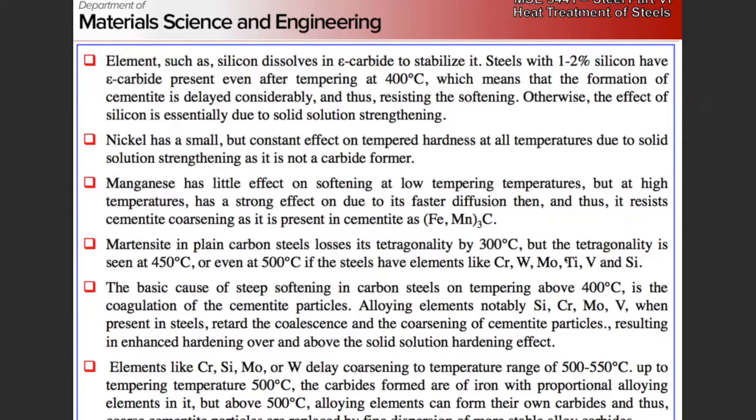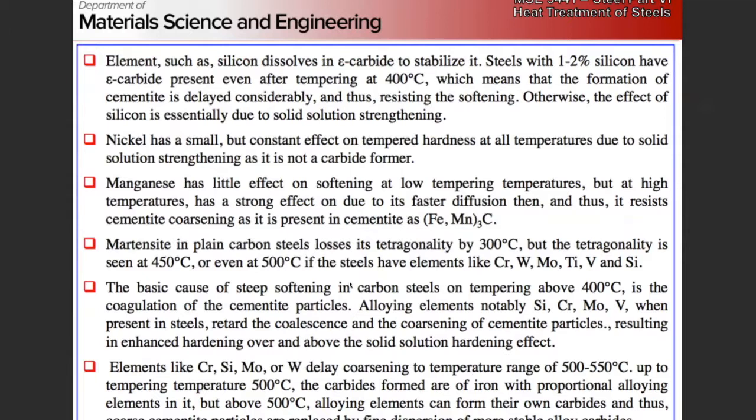You maintain your tetragonality for longer.